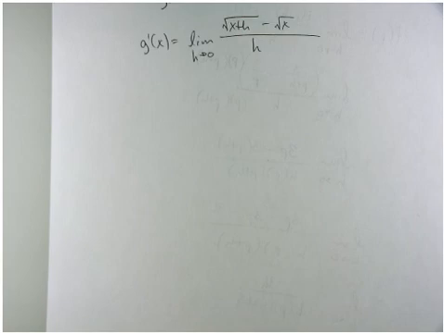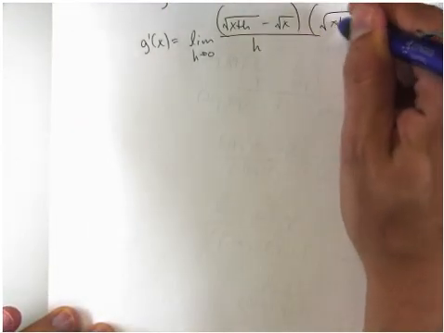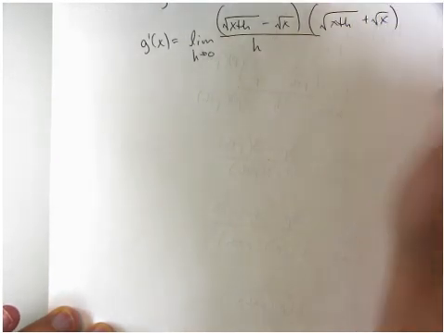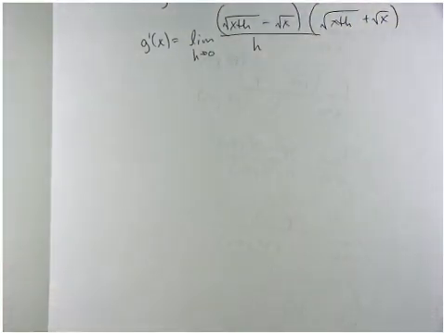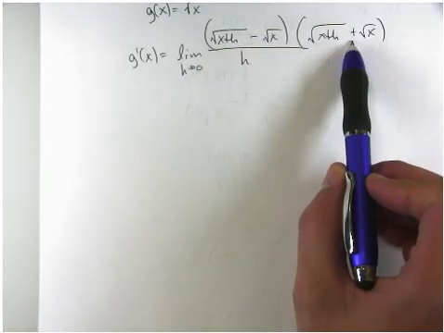Multiply it by itself. Almost itself. So its reciprocal. It's called its conjugate. Okay. All right, so I'm going to multiply by root x plus h plus root x. Right? So that it's almost exactly the same. The only difference is that this is minus and this is plus.